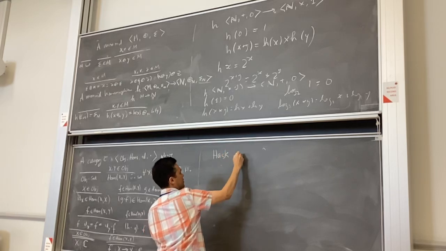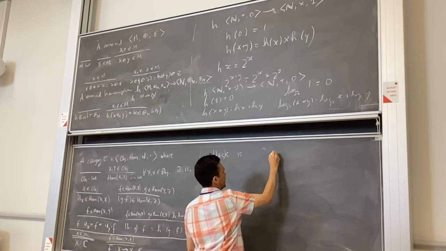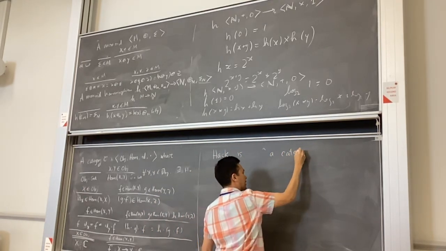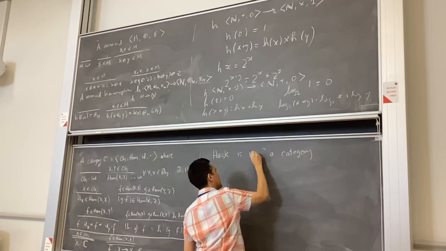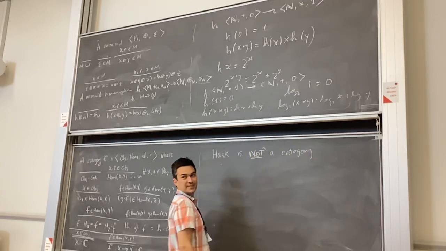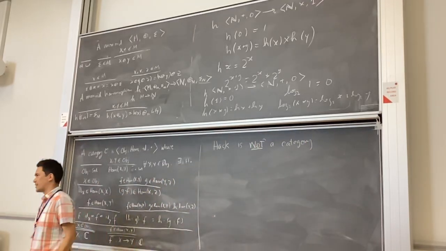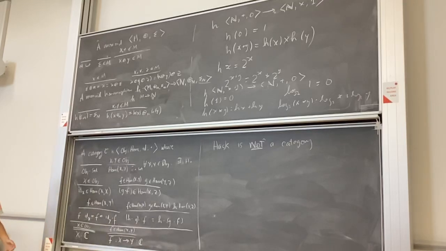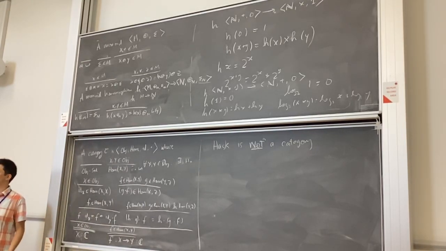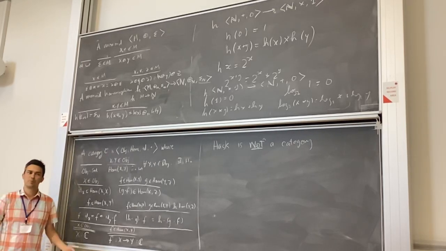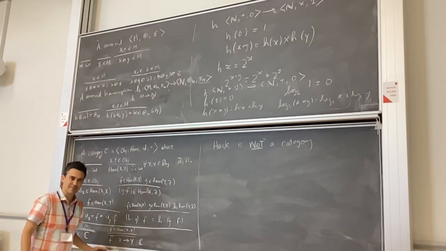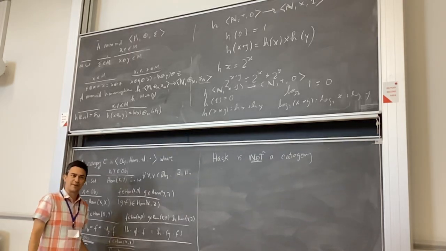Hask is not a category. So you will read on the internet people having wonderful debates about Haskell being a category, and they're wrong. It's not a category. People treat it like it's a category. It isn't. It's quite easy to prove that it's not a category.